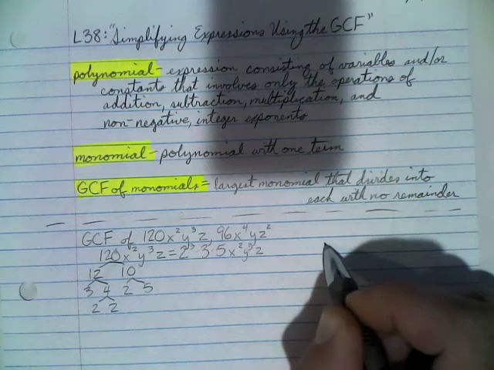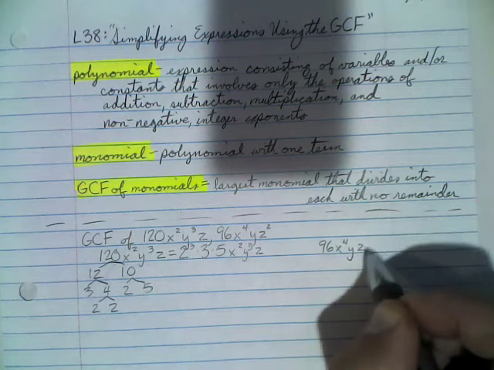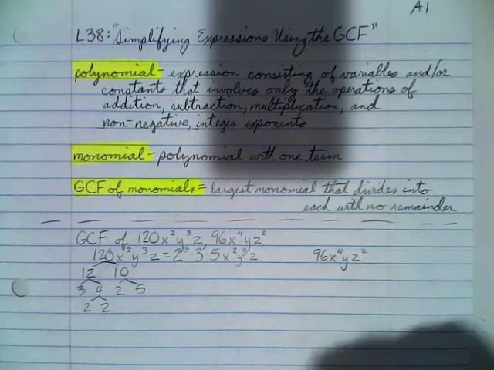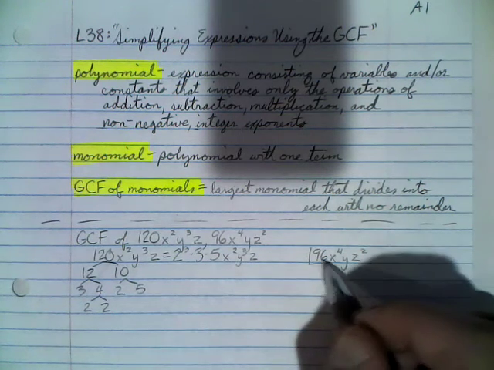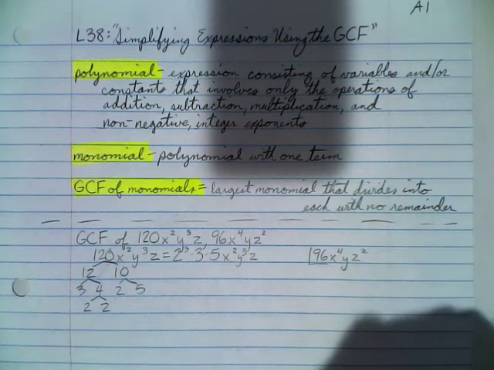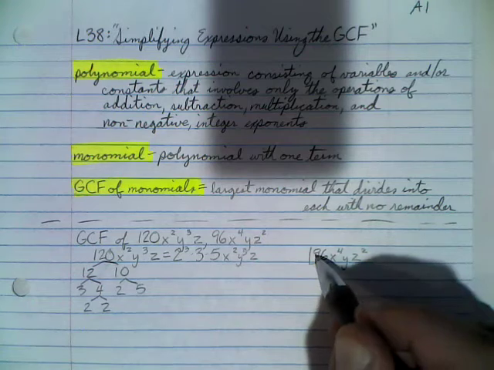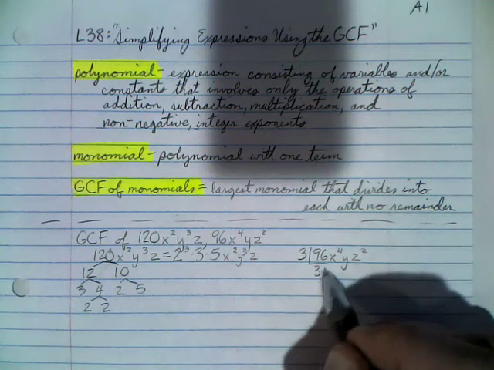So for 96, x to the fourth y z squared, we could likewise use a factor tree to break that 96 apart, or we could use division by primes. And I'm only going to divide the 96, so that's why I'm stopping my little upside down division box right there. So looking at 96, 3 goes into both 9 and 6, so that's kind of nice. Goes in 32 times.